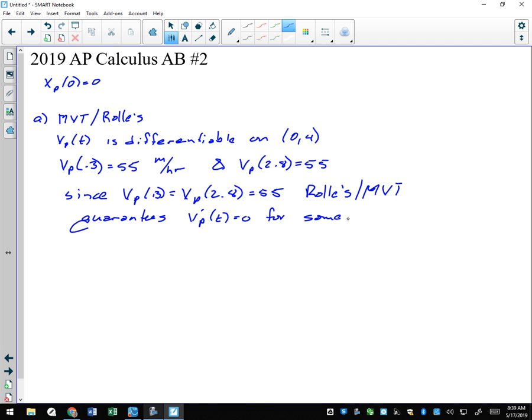We don't know where, but we do know that it happens somewhere on the interval 0.3 to 2.8. So that is a Rolle's theorem question.